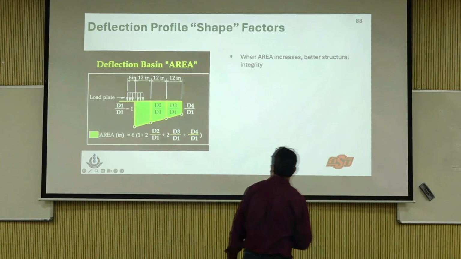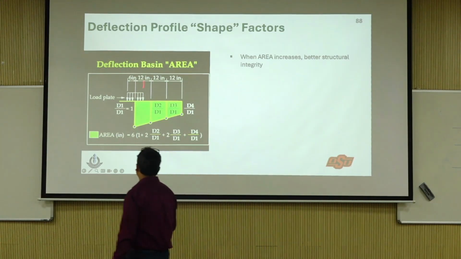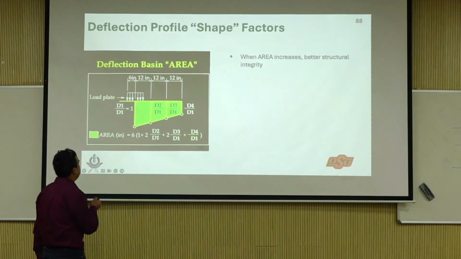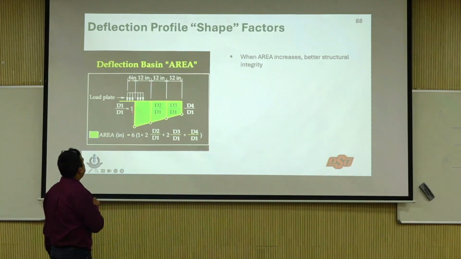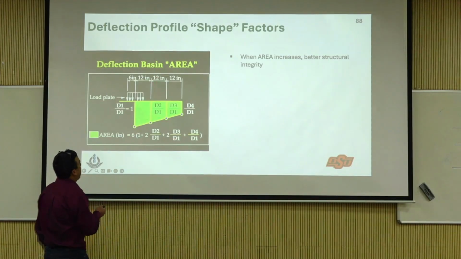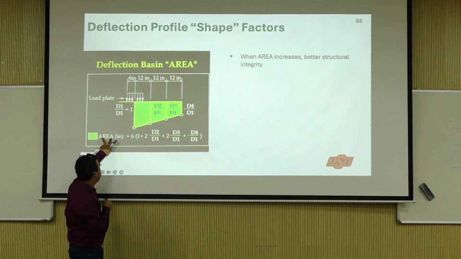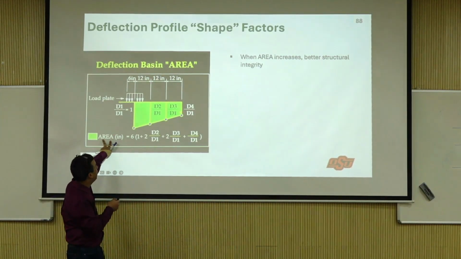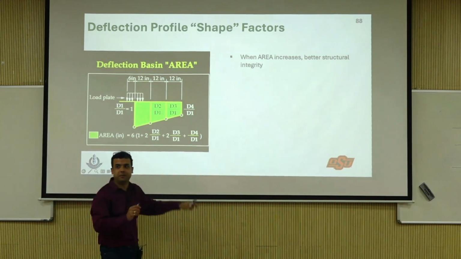So one thing that they do is the deflection basin, they have determined little parameters. This area parameter is not truly an area. When I was first exposed to it, I used to think this is the trapezoid area, so it's basically the sum of the two parallel sides multiplied by height, but it's not.